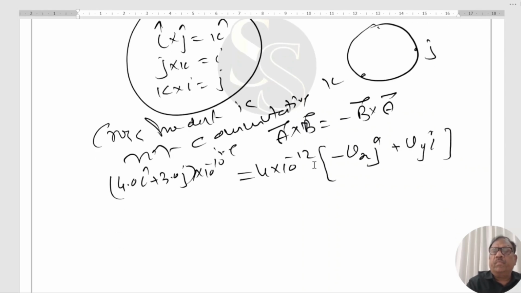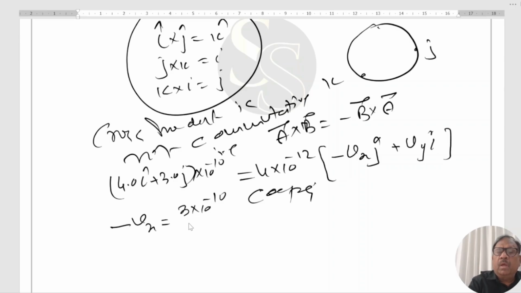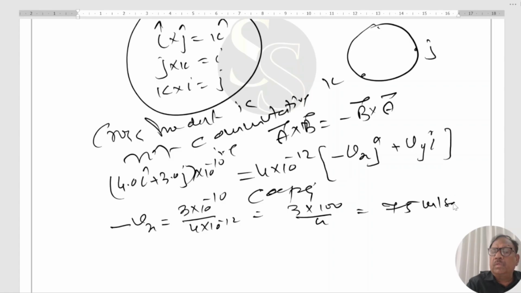Now comparing components. Minus Vx equals the j component: 3×10^-10 upon 4×10^-12, which comes out to be 3×100 divided by 4, that is 75 meters per second.